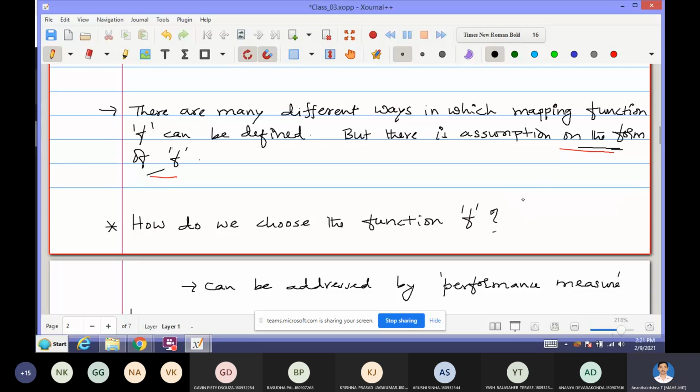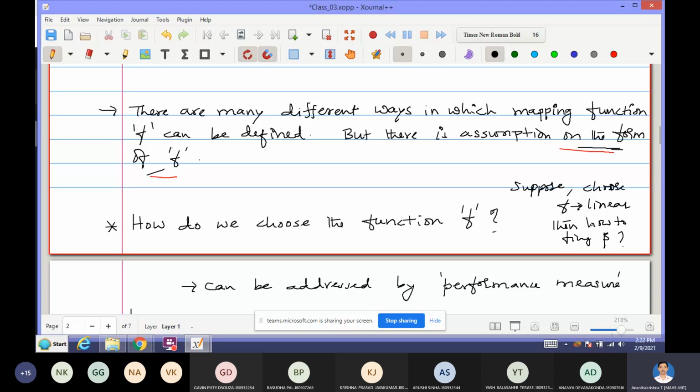Suppose you choose f to be linear, then how do you find beta? That is the next question. Having chosen a particular function, how do you obtain the coefficients?